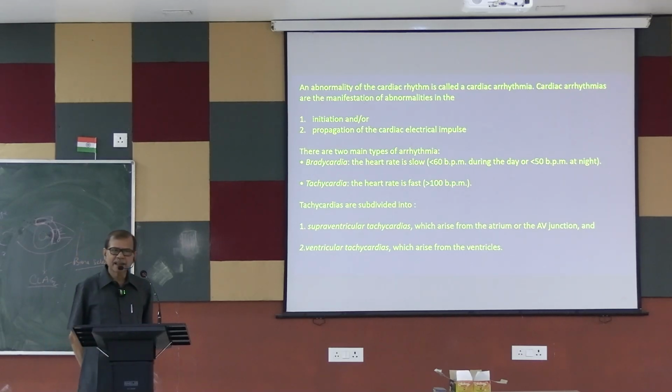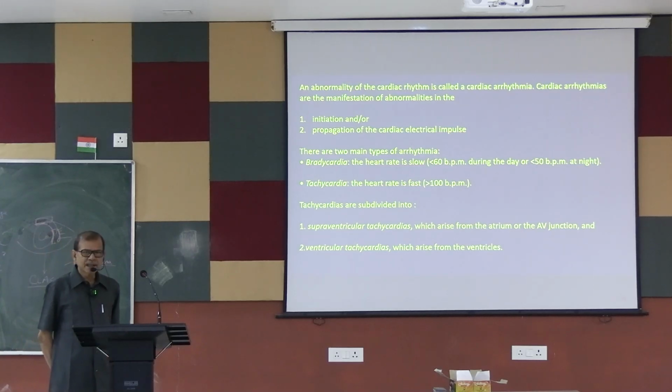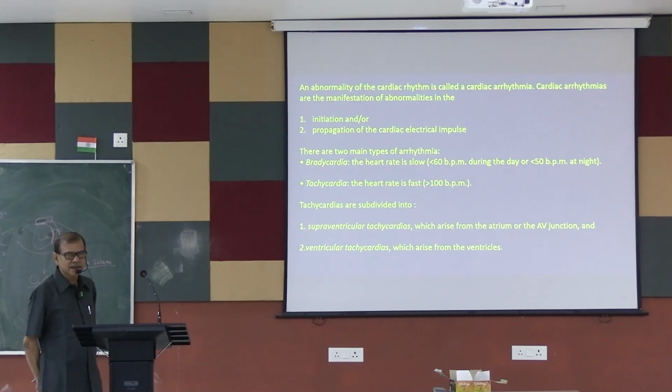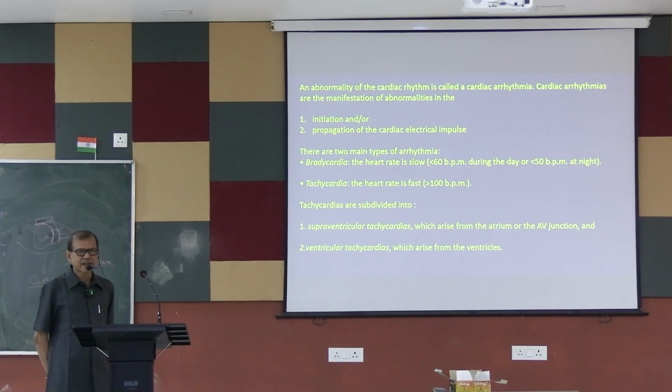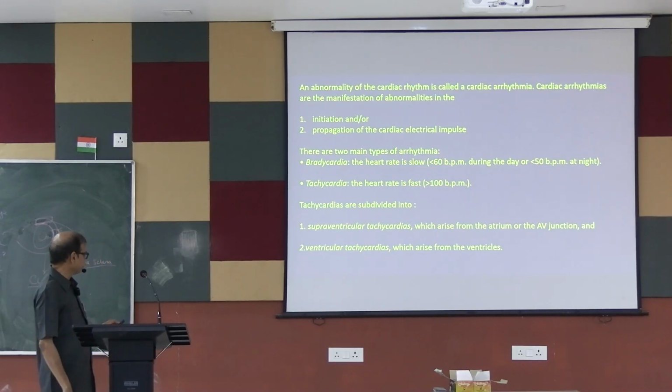Put another way, suprahisian tachyarrhythmia or infrahisian tachyarrhythmia. More precisely, the AV junction and suprahisian tachyarrhythmia are supraventricular, and below the AV junction or infrahisian, this is ventricular tachyarrhythmia.